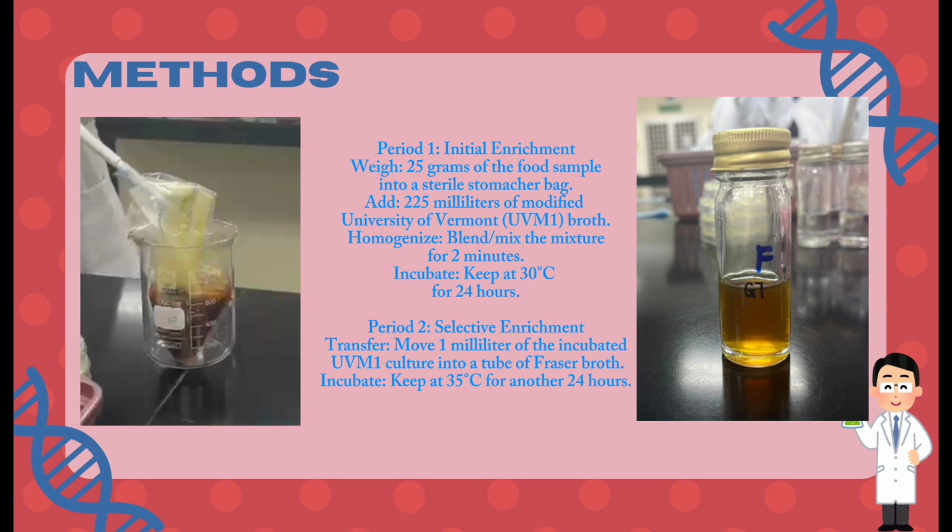In period 2, 1 milliliter of our UVM1 culture was transferred into a tube of Fraser broth and incubated at 35 Celsius for another 24 hours to execute the selective enrichment phase.